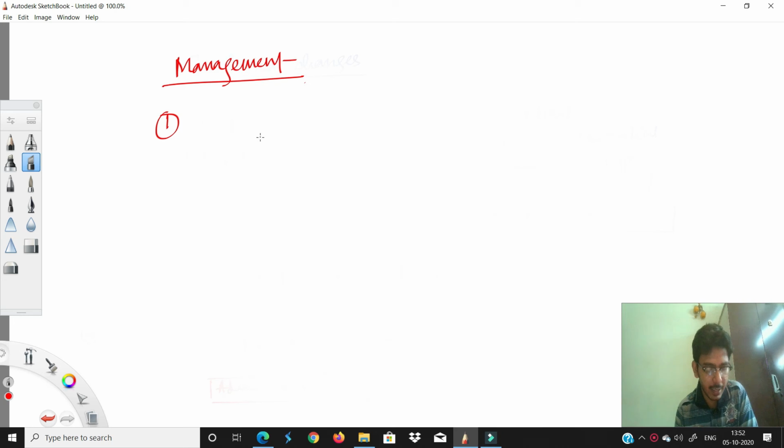First, you should decrease the HCl, because in this case secretion of HCl is increased. First treatment is with the help of PPI or proton pump inhibitor.